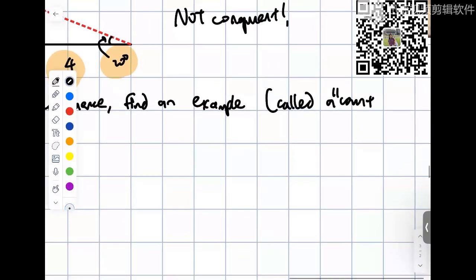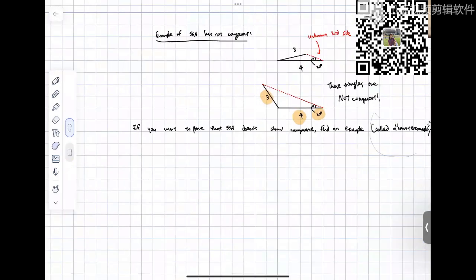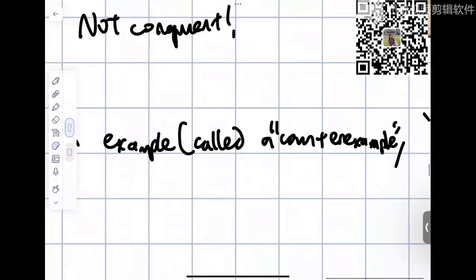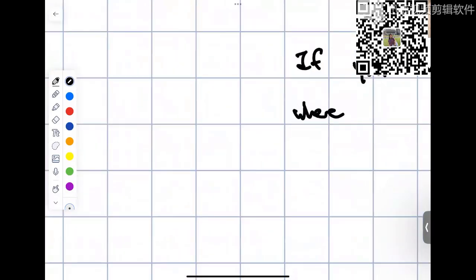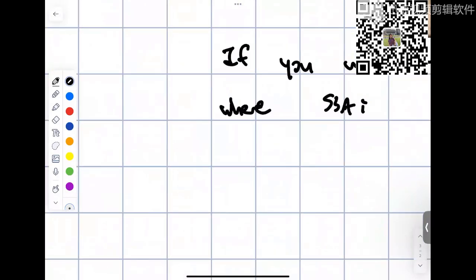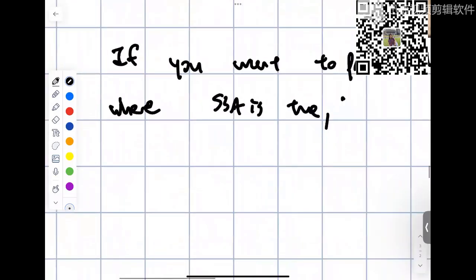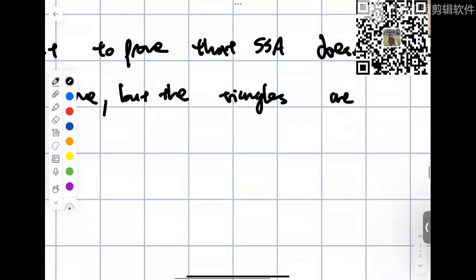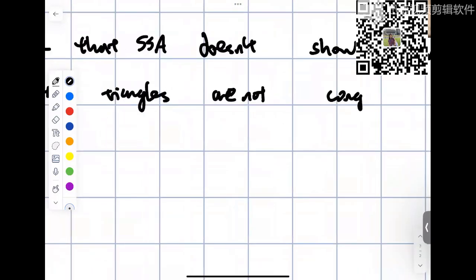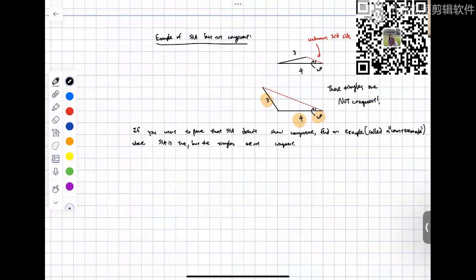It's called a counterexample because it counters the fact that SSA might be able to be used to show congruence. Where SSA is true, but the triangles are not congruent. Okay. Does this make sense?